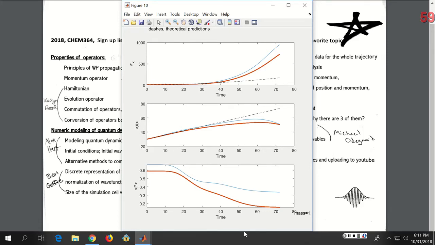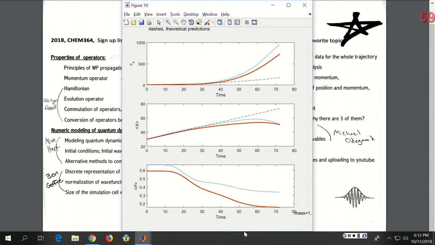Position, momentum, uncertainty of momentum, and there are several lines because there are calculations of these observables by three methods. One, by pure, mostly theoretical formula, which is for free space, when there is no potential, so it is as dashes.